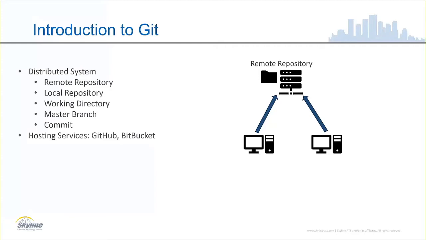So what Git uses is a distributed system. And all the distributed system means is that basically every person has a full system, or all the files. Think about it that way. So I could have a remote repository that has all of my files and my tracking in it.